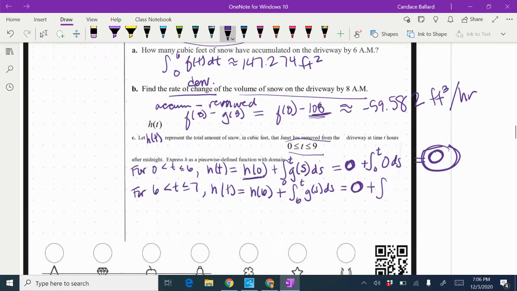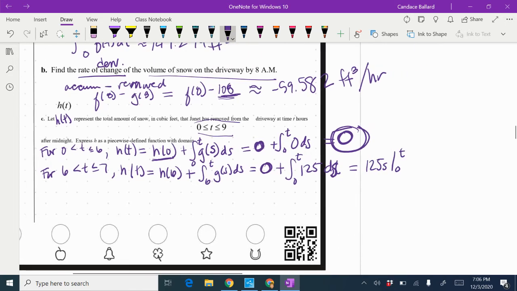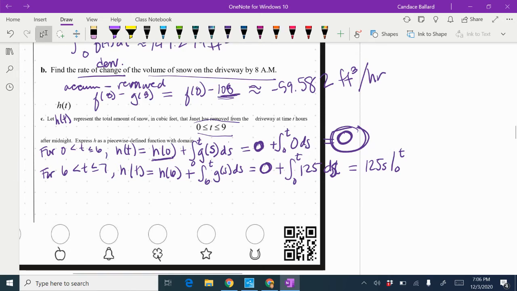So we're going to integrate 125 ds from 6 to T. Sorry, not 0, this should have been a 6.